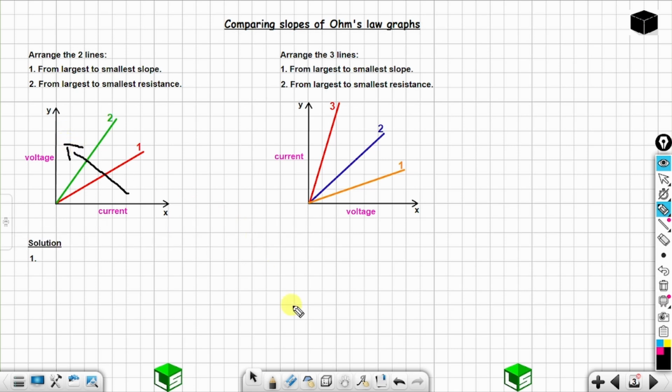You know the formula for finding the slope is equal to the change in the y over the change in the x.